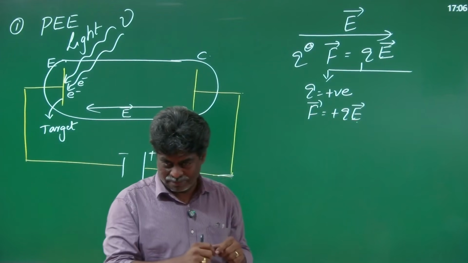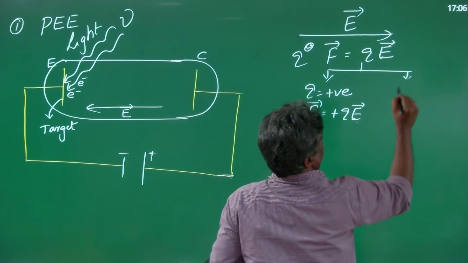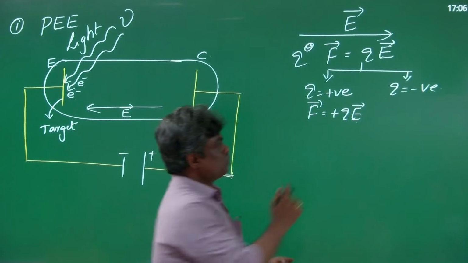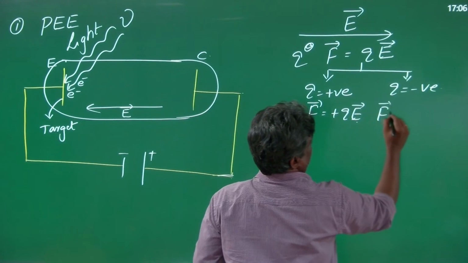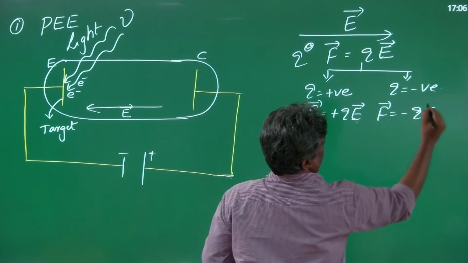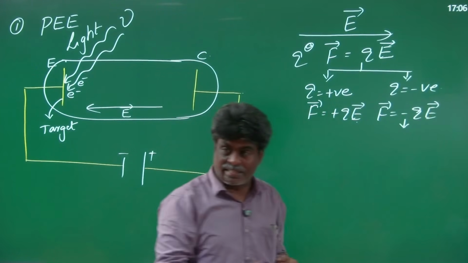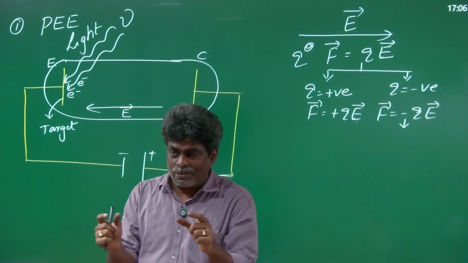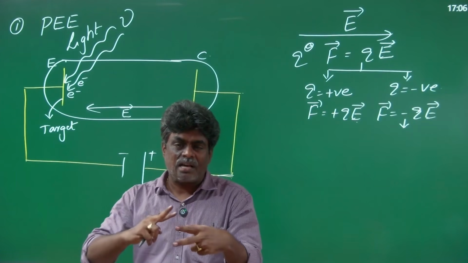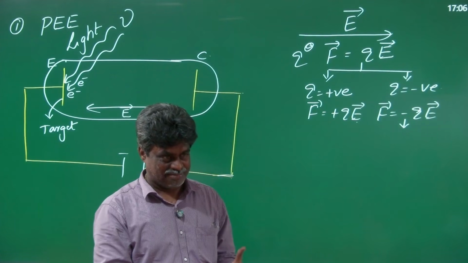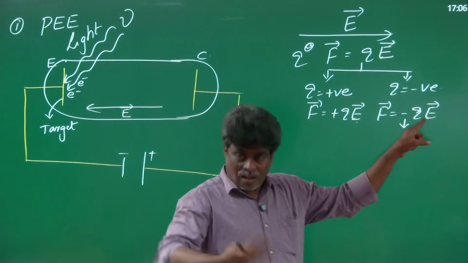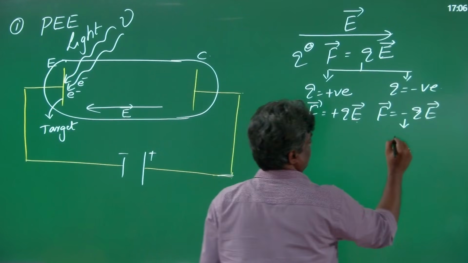If I take Q as negative, what is F bar here? Minus QE bar. What does this minus indicate? This side vector, that side vector, you have a negative sign, which means both vectors are in opposite directions. Now tell me, force on the negative charge is?